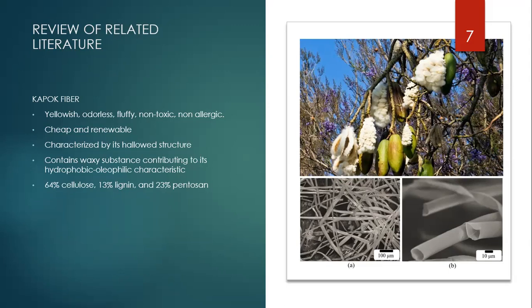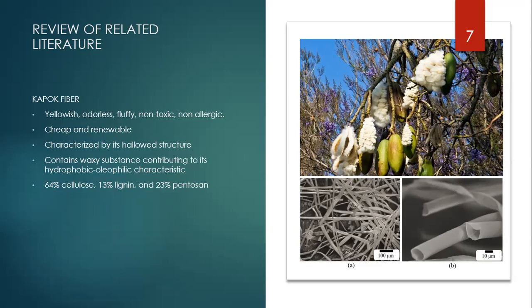It is characterized by its hollow structure, and it has a low specific mass, so it is lightweight. And kapok fibers contain a waxy substance contributing to its hydrophobic, oleophilic characteristic. So meaning these kapok fibers are excellent oil adsorbing materials but hinder the absorption of aqueous media.